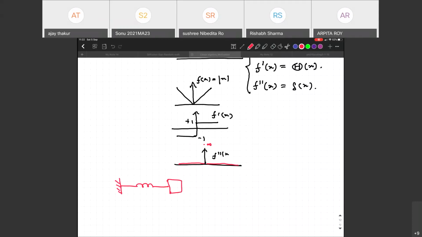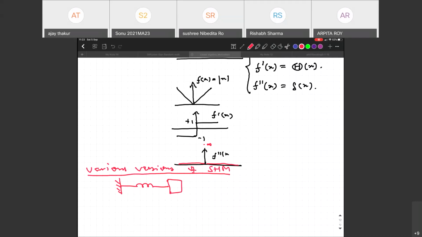So let us take a few versions of simple harmonic motion. I am just taking some very primitive background on this.